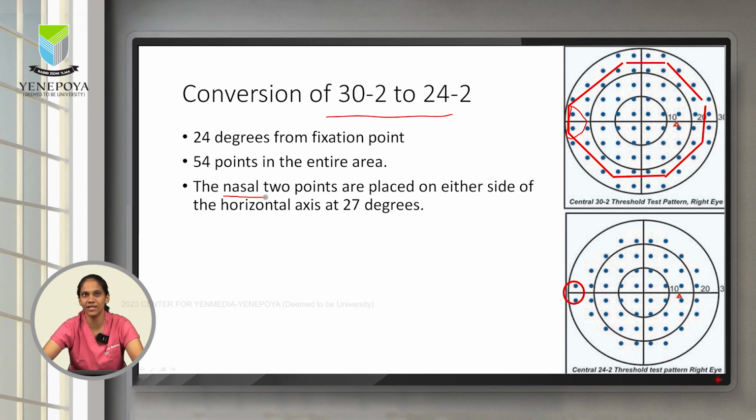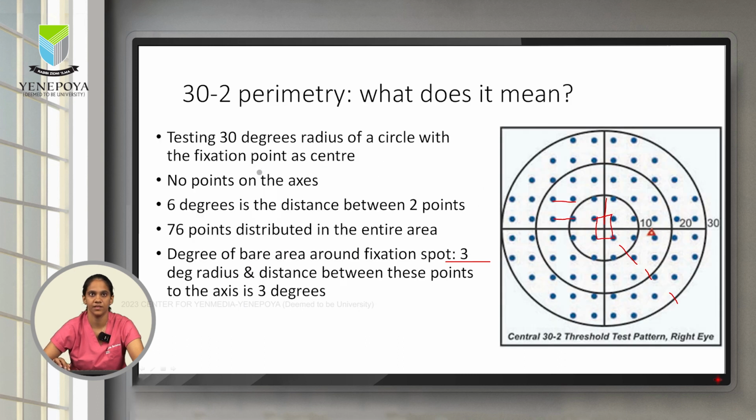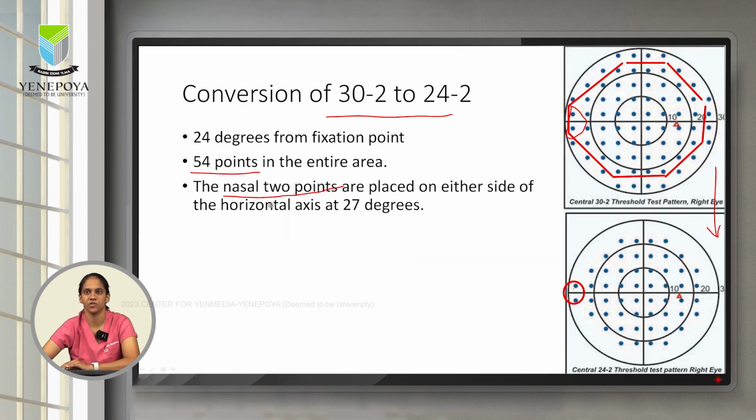So these two nasal points alone are lying on either side of the horizontal axis. Okay, so these are going to be at 27 degrees. Other than that, the rest of the edge points are taken off. So this is how you convert a 30-2 to a 24-2. Okay, there are 54 points in this. So in 30-2, if you saw, there were 76 points. Right? So this should have 54 points.